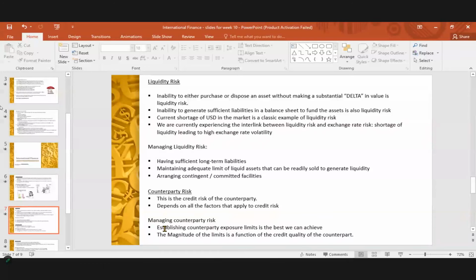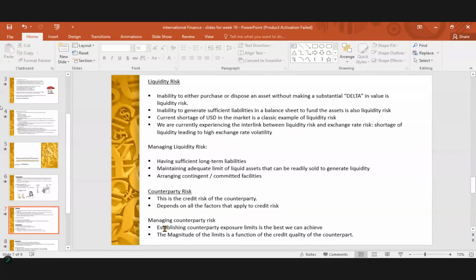Even after establishing limits, the counterparty may default, but then that defaulting probability should be identified at the time of evaluating his credit. At the time when you are evaluating his credit, he was very creditworthy, because credit risk evaluation is a skill by itself, right?